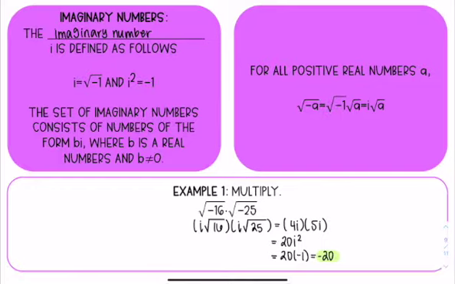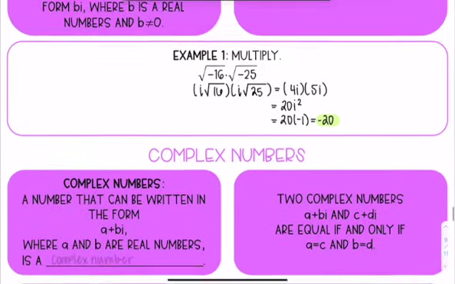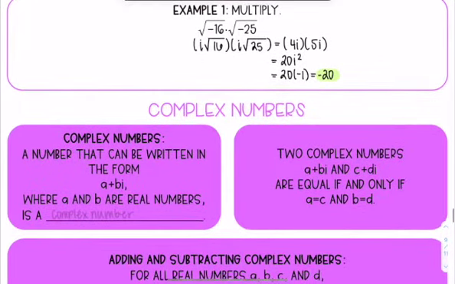And so a complex number, a number that can be written in the form a plus bi, where a and b are real numbers, is a complex number.